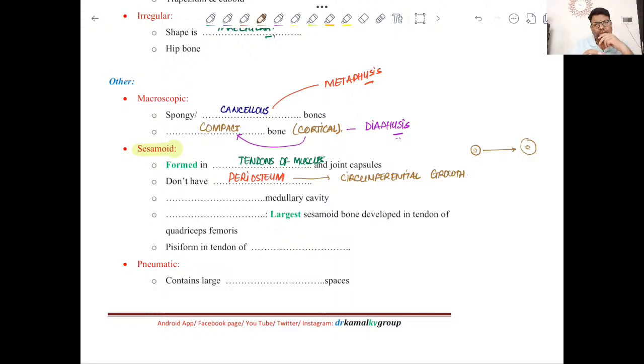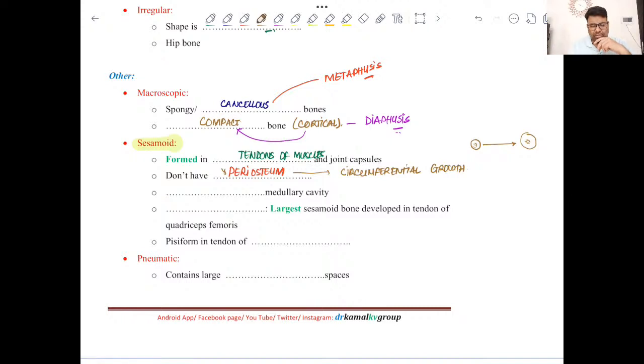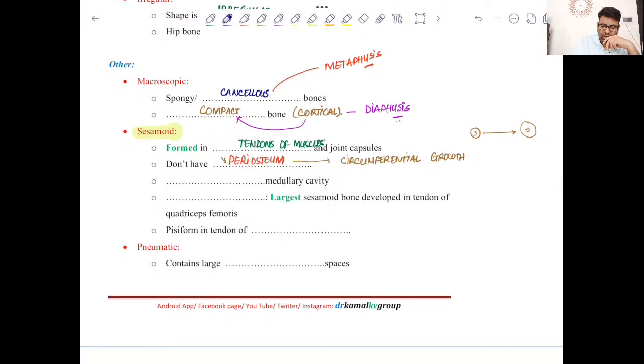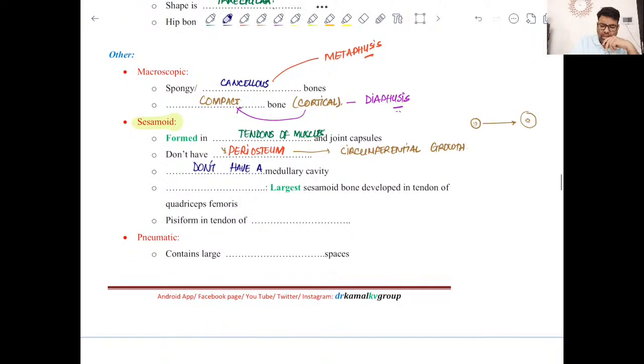So a bone becomes thicker or wider because of periosteum. Remember, a bone becomes longer because of the growth plate, and becomes wider or thicker because of periosteum. So sesamoid bones lack this periosteum. They also don't have a medullary cavity.